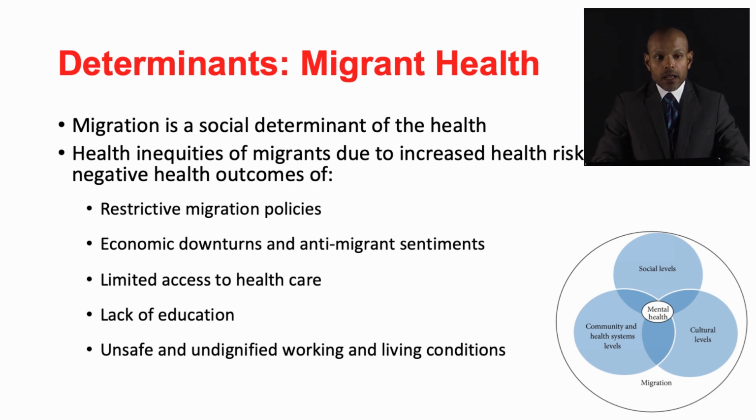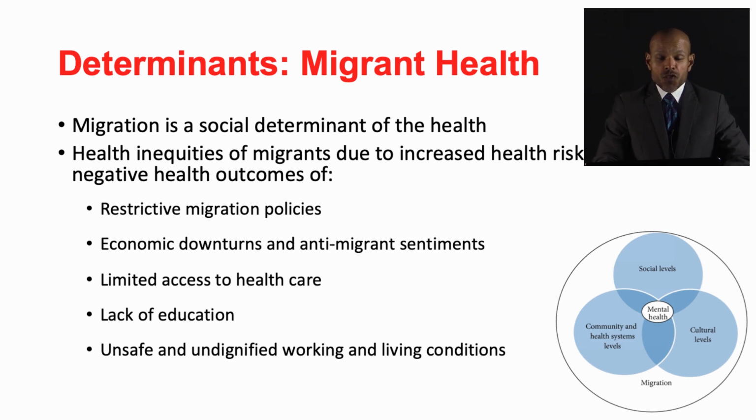In terms of the health status of these individuals, the act of relocation can be a socially challenging experience and have certainly mental implications as well. So mental health is actually a priority area as we engage in migrant and refugee health. But there are also implications in terms of policies, governance structures that either encourage or limit the movements of persons.